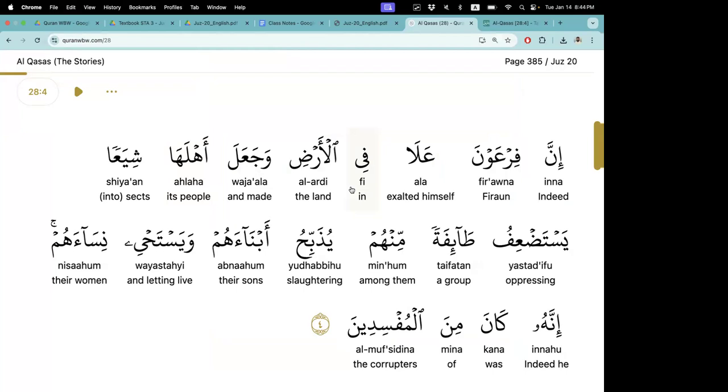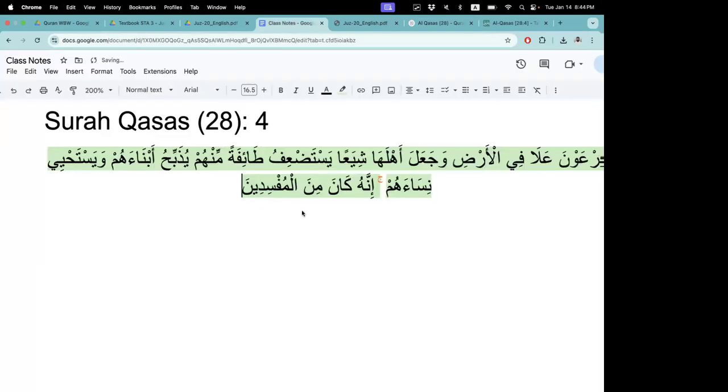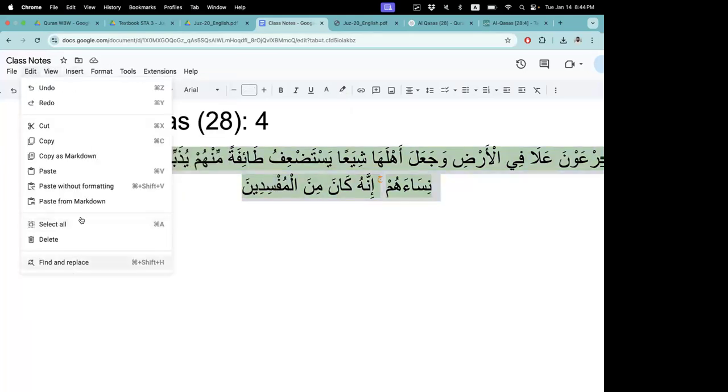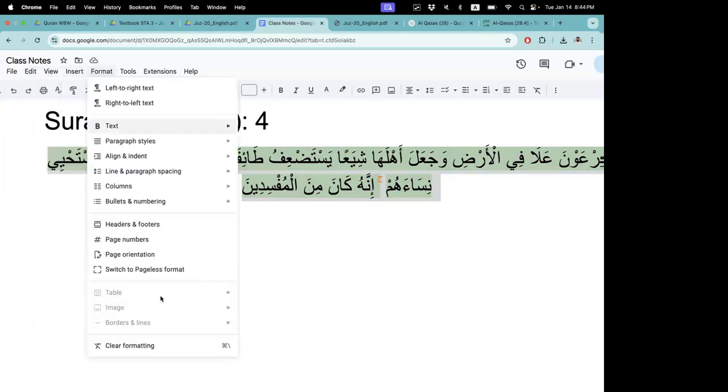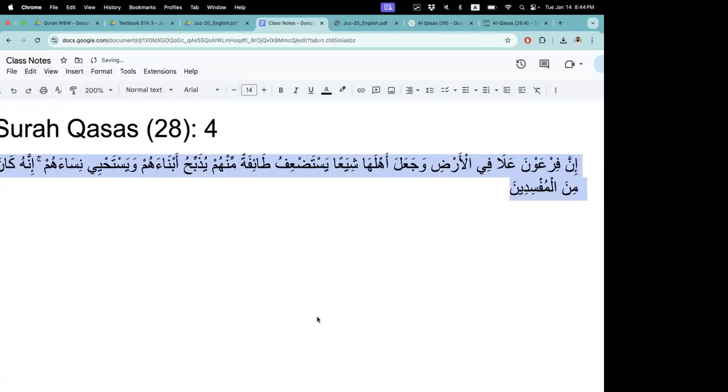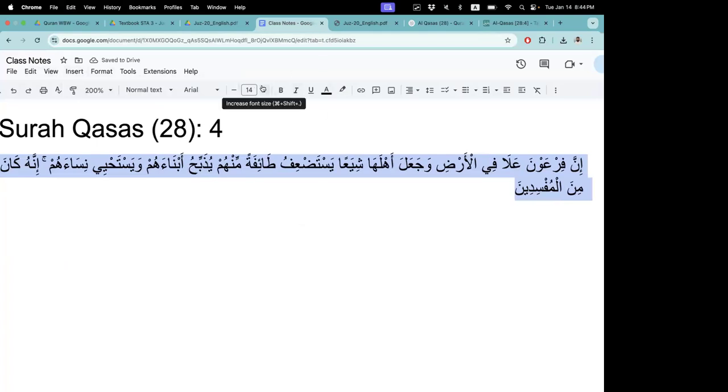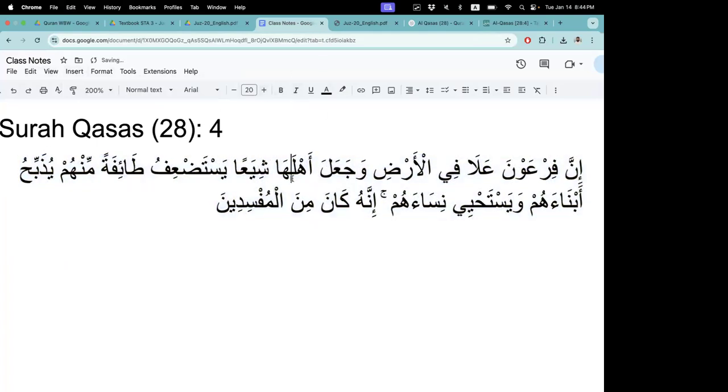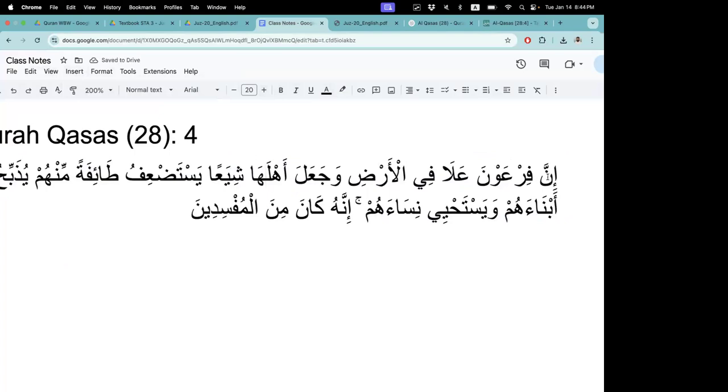But I'll look for it. Okay, Quran.com. But this one, I don't think it does. Let me paste the ayah so you don't have to watch me type like a miskin here. Clear formatting. It's not very good formatting, but that's okay. We will tolerate it, inshallah.